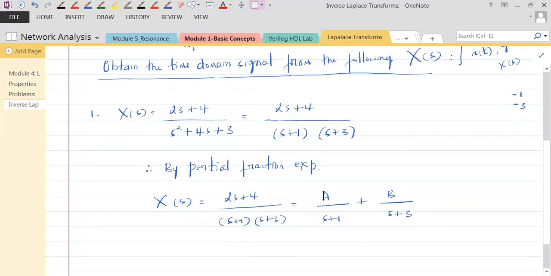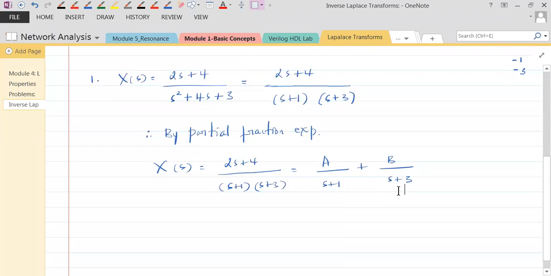Yes, you can apply the inverse Laplace transform here, but without finding a and b, we're not supposed to do that. How to find a and b, you all know, so I'll leave that part to you. Do that and get your a and b. Your a is 1 and b is also 1.